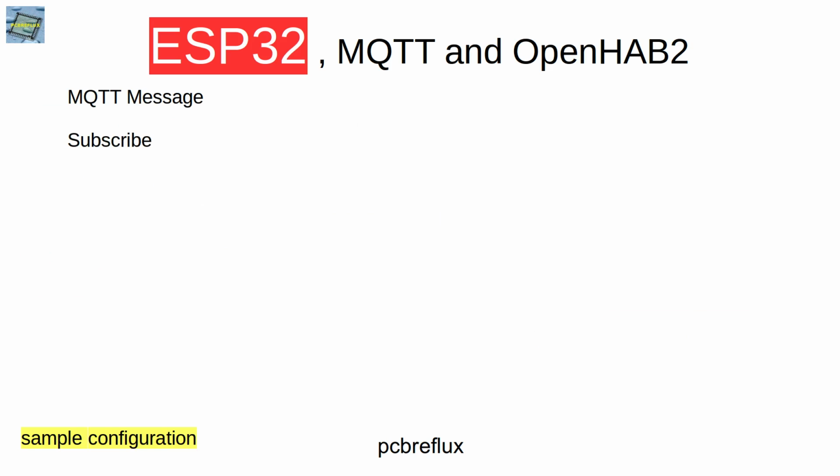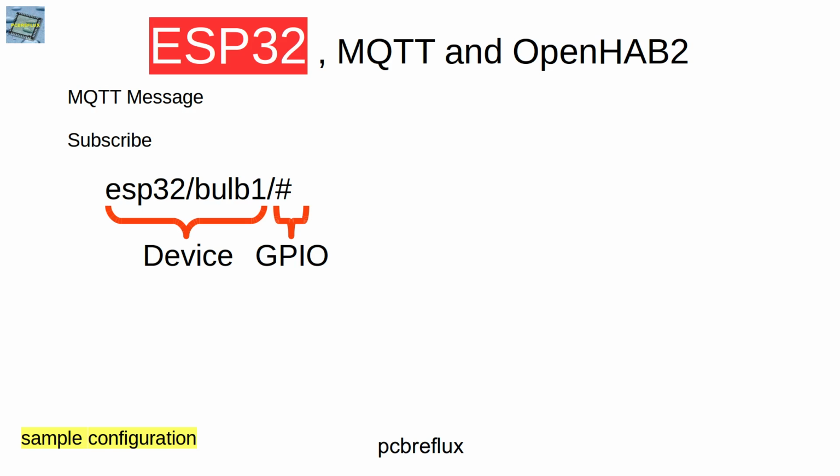Before we continue, I explain the ESP32 MQTT message I use. The ESP32 subscribes to a message ESP32/bulb1/#, and the first part is for the device, so I can use another device identifier for every ESP32, and the last one is for the GPIO port.